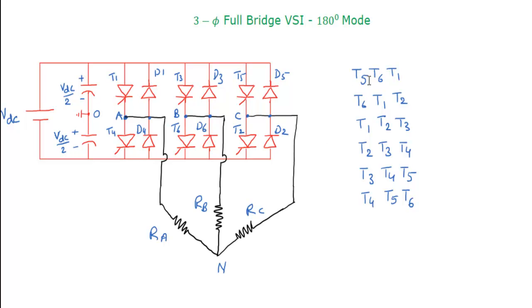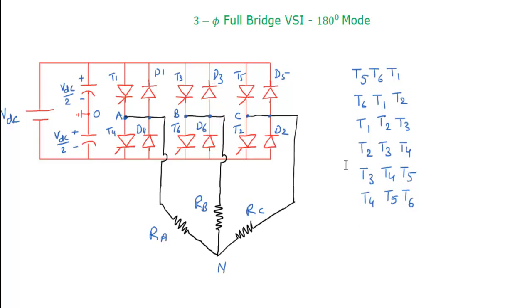If you have 2 thyristors from the same leg, it short circuits the source. If the source is short circuited, then obviously thyristors will be damaged because they carry a huge amount of current. So that's why we operate these thyristors in these 6 combinations, each having 3 thyristors, 1 from each leg.